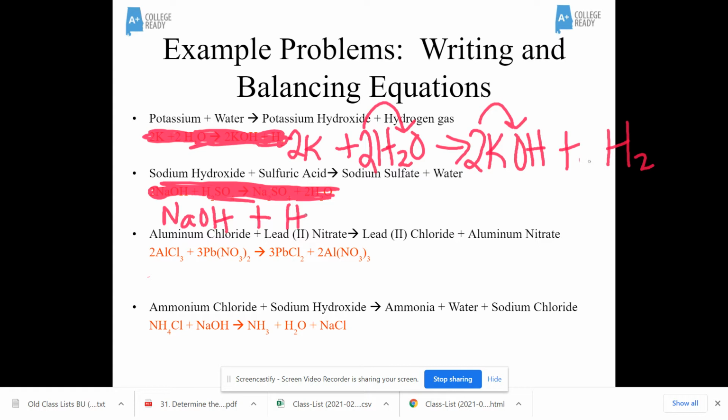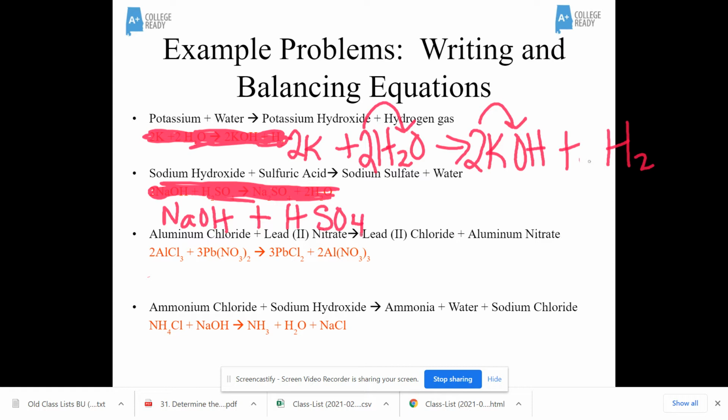The -ide changes to -ate. So it's sulfate, which is SO4. What's the charge on the sulfate? Not a plus. What's the charge on the sulfate? Negative what? -2.